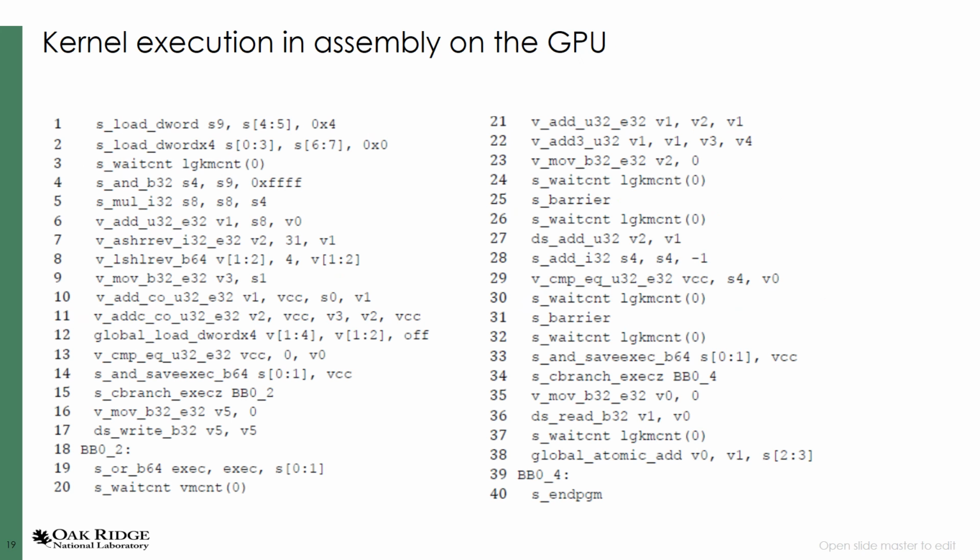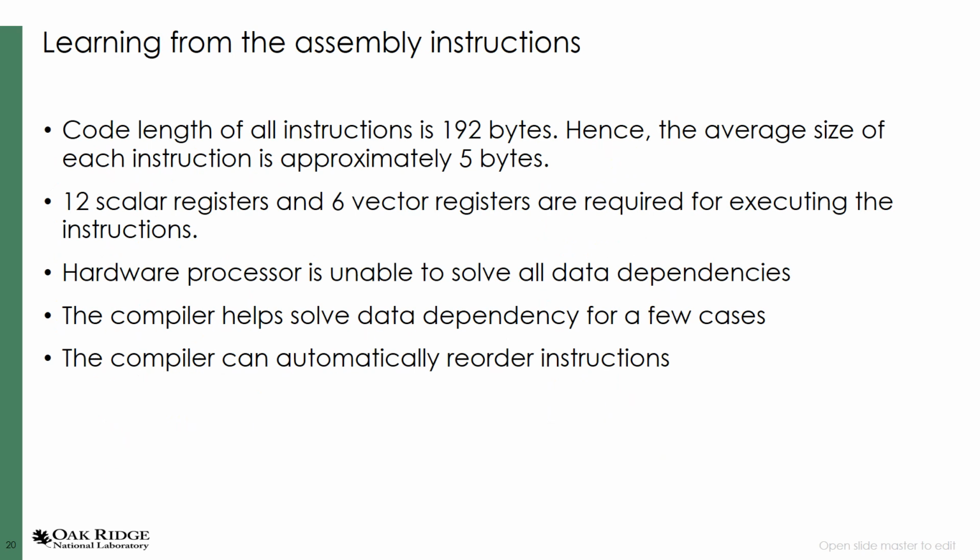For the reduction kernel where the vector width is 4, we generate the instructions of the kernel as shown here. Due to the time constraint, I will not explain the instructions. Please check out the paper for the meaning of each assembly instruction. Based on the assembly file reports, the total length of the assembly instructions is 192 bytes.